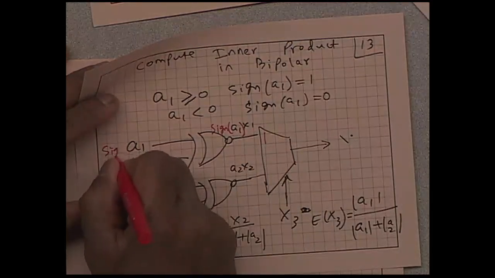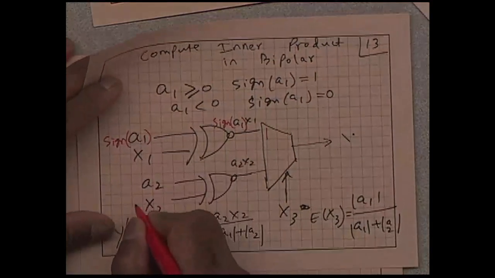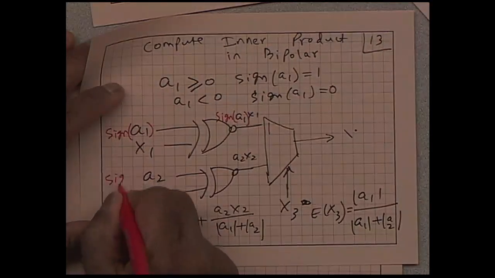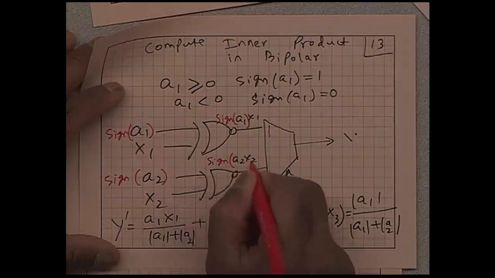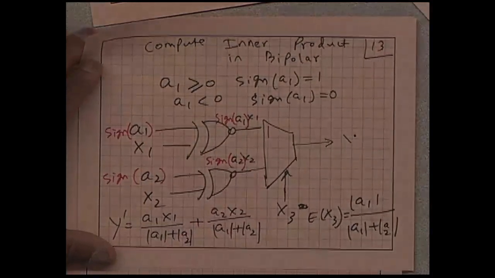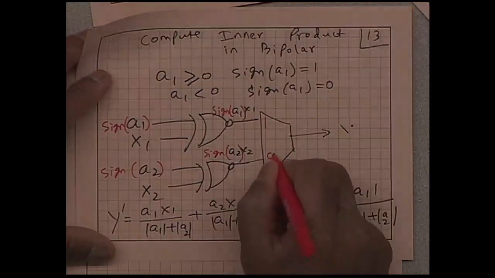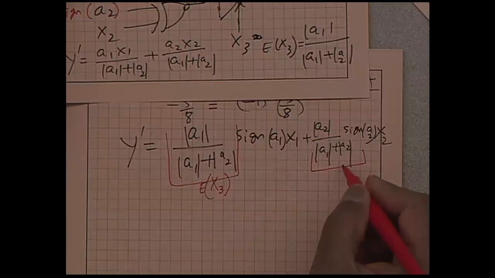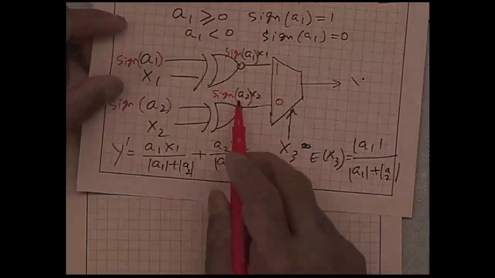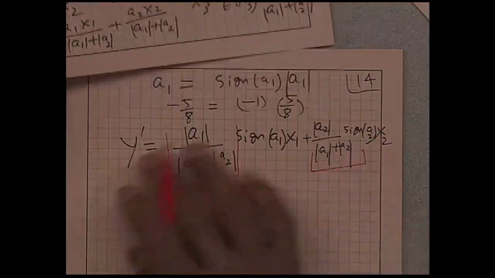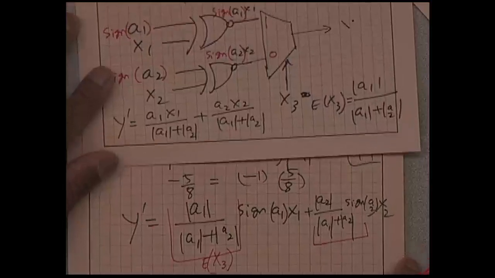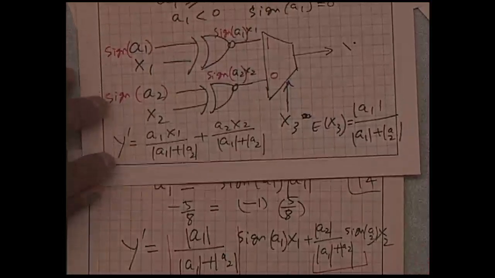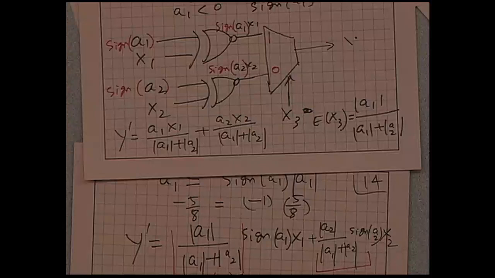So feed sine of A1 to the exclusive NOR, sine of A2 to the exclusive NOR, and finally I get sine of A2 times x2. And this is 0, which means that the probability of selecting this part is going to be A2 by that, multiplied by sine A2 x2, and this is going to be the y prime that we are computing. So that's going to be the bipolar implementation of the inner product.